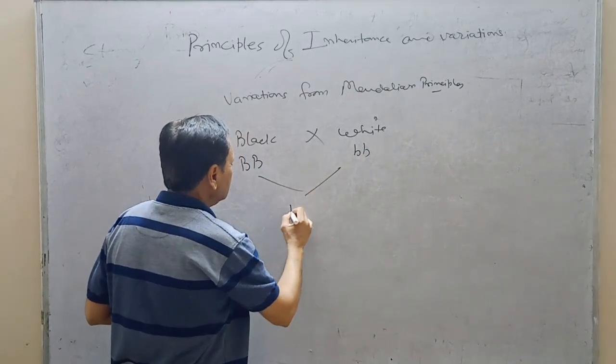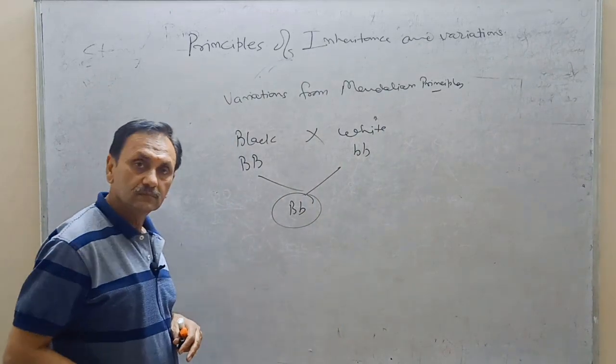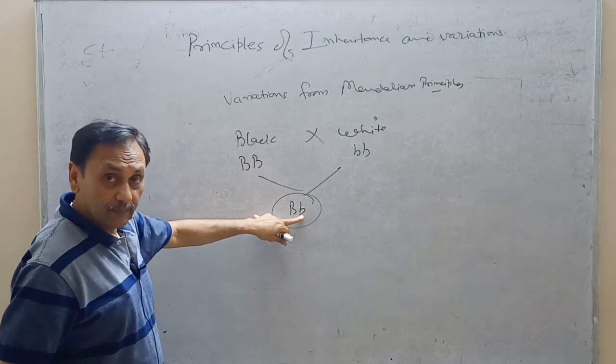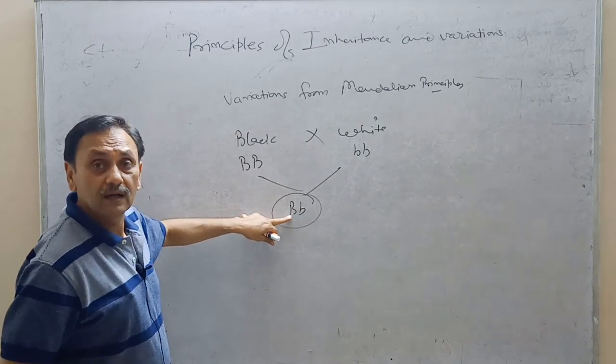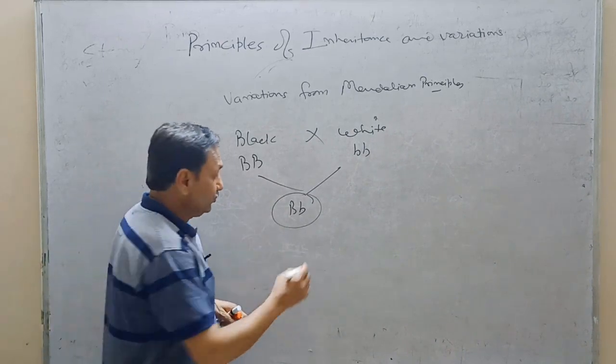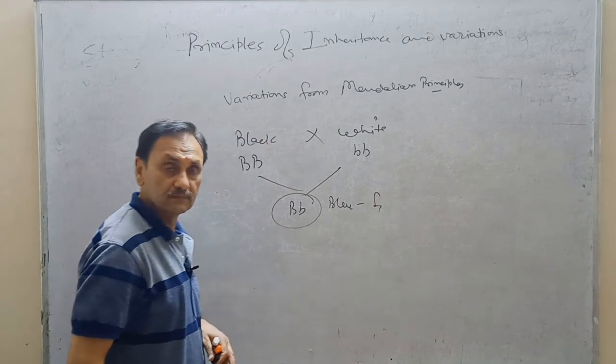Their cross is not white but blue. It means this particular white is not completely suppressed by the black, and that is blue, and this is the F1 product.